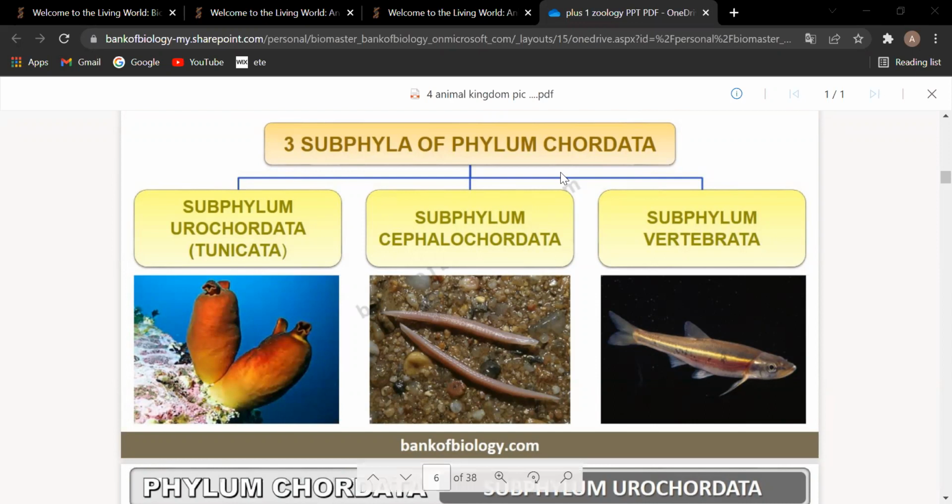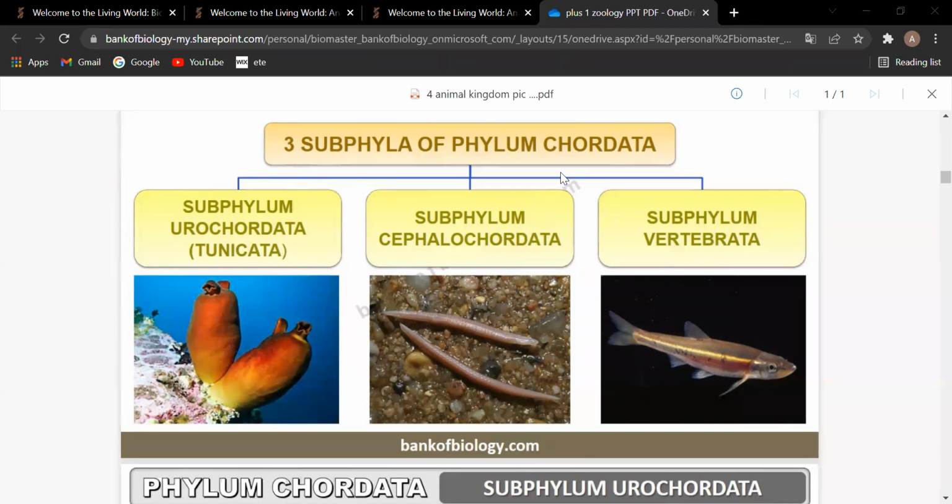See beta, the phyla we have studied so far were simple, but when it comes to chordates, subphylum and class also come in. So please be very clear about these, don't get confused. First subphylum is Urochordata, also called Tunicata. Then subphylum Cephalochordata and subphylum Vertebrata.